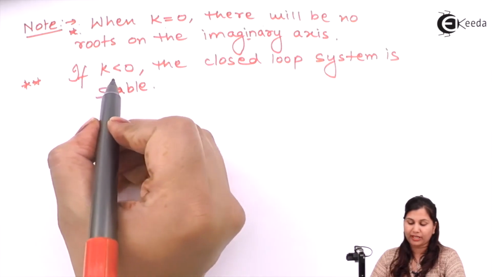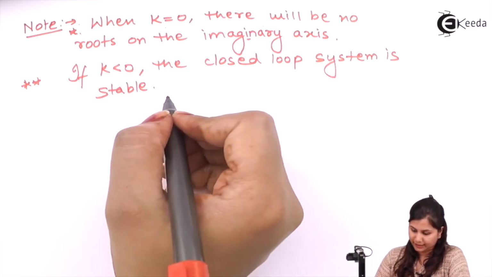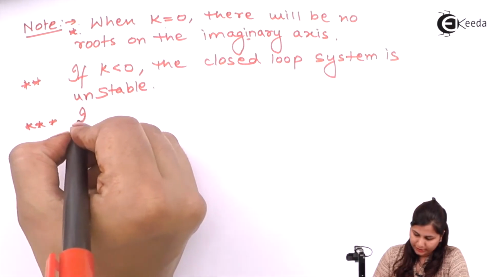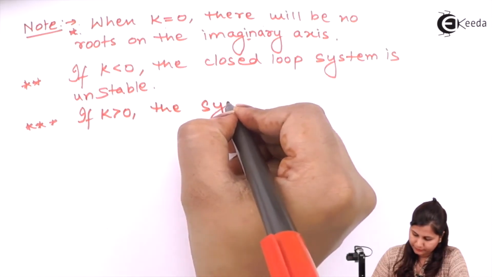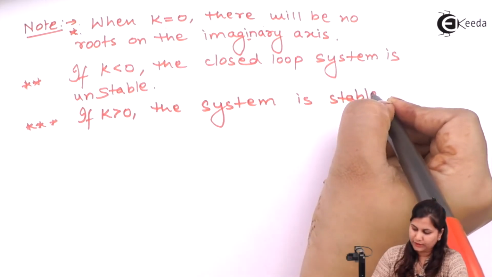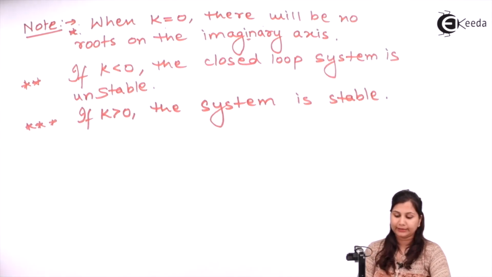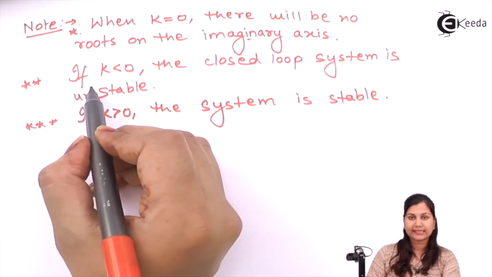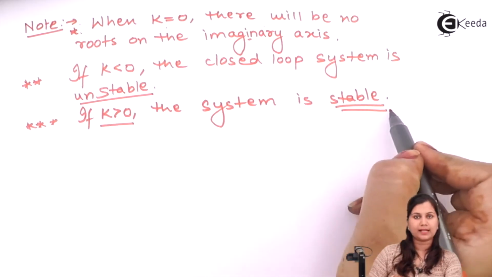If the value of k is less than 0, then the closed loop system is unstable. And if k is greater than 0, the system is stable. So this is what we can say about the value of k obtained in rule number 9: when k is 0, the system has no roots on the imaginary axis; when k is less than 0, the system is unstable; when k is greater than 0, the system is stable.